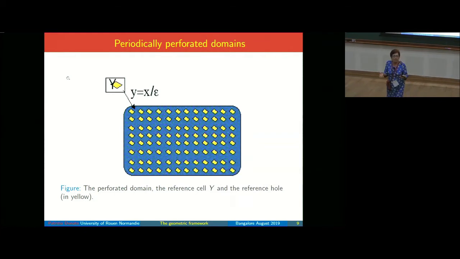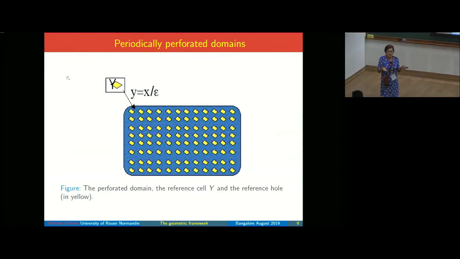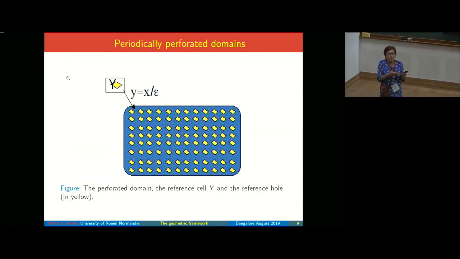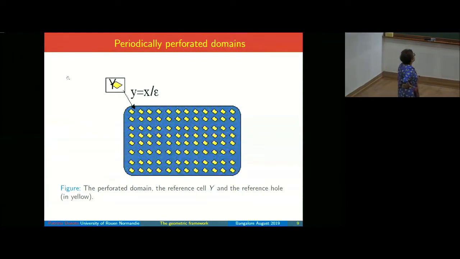For instance, you have an electric problem, you have isolated balls inside, and the equation does not see the difference between no material and material which does not follow the equation. So in some sense it's the same. Okay, but let us talk about perforation.